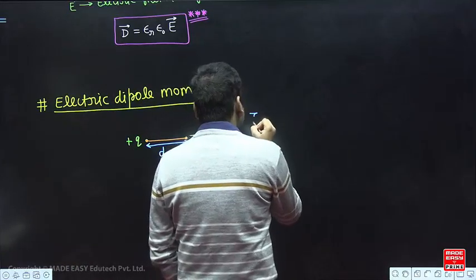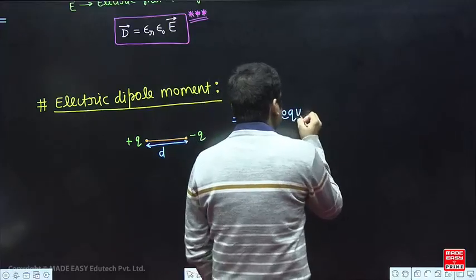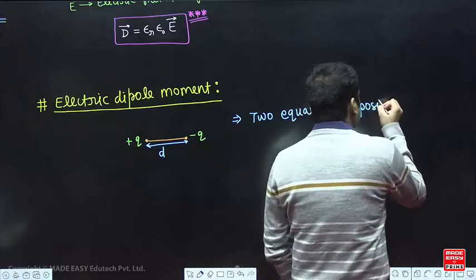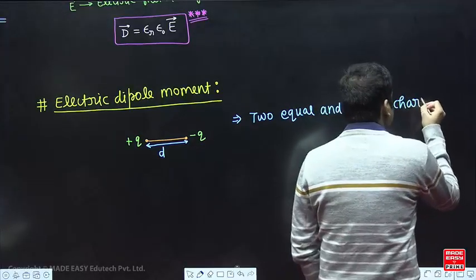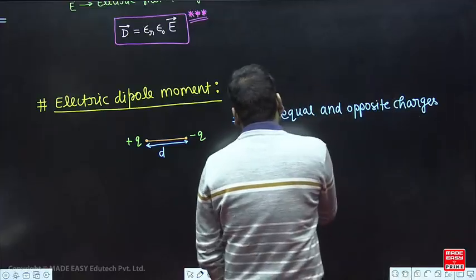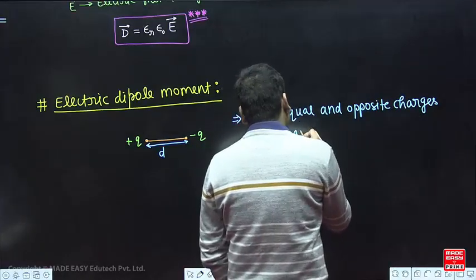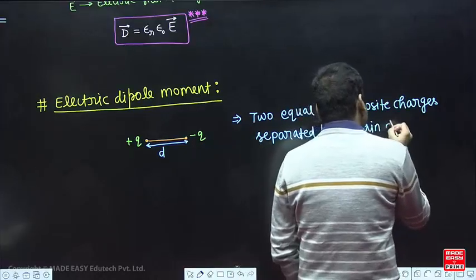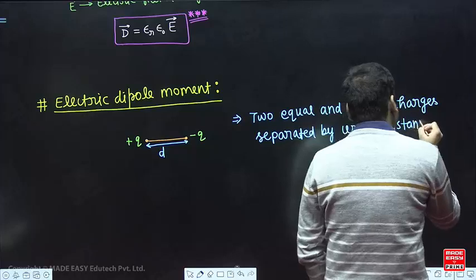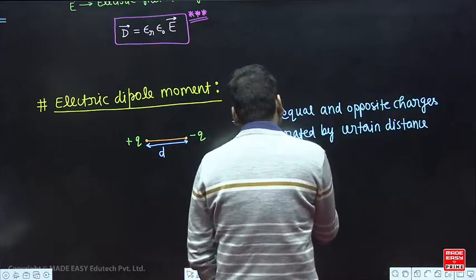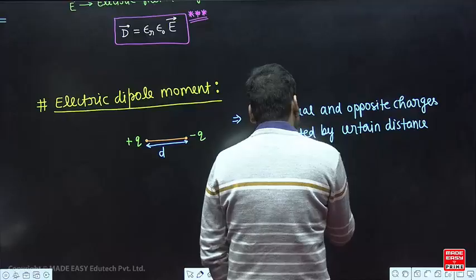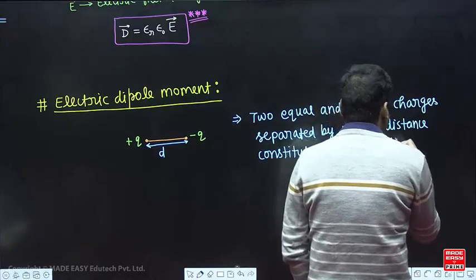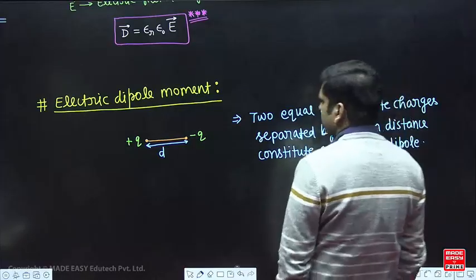So, two equal and opposite charges separated by certain distance constitute an electric dipole.